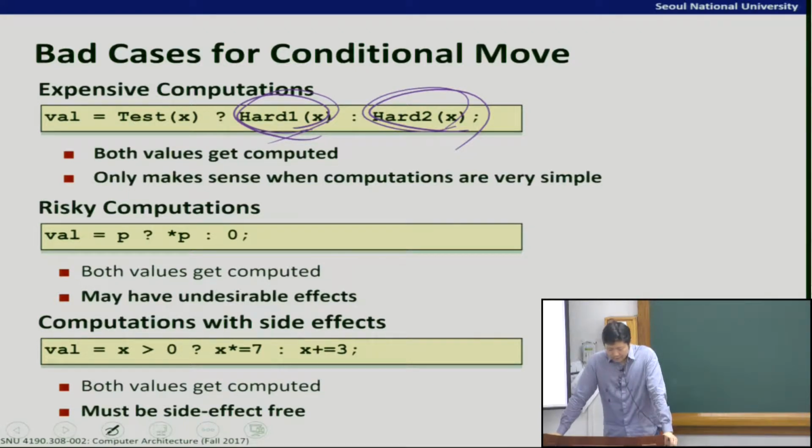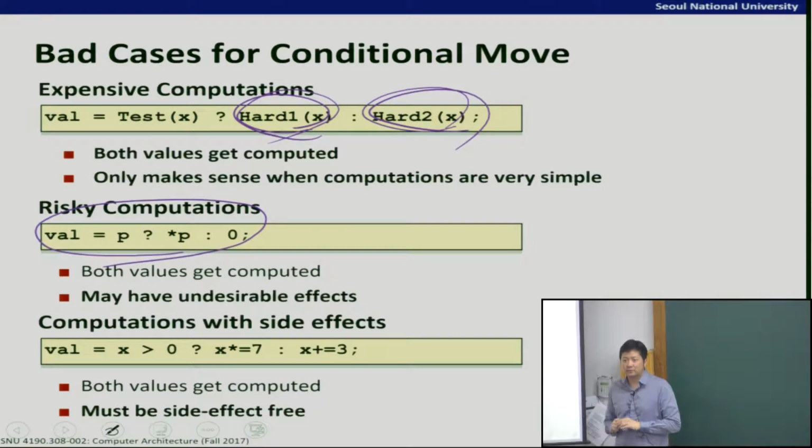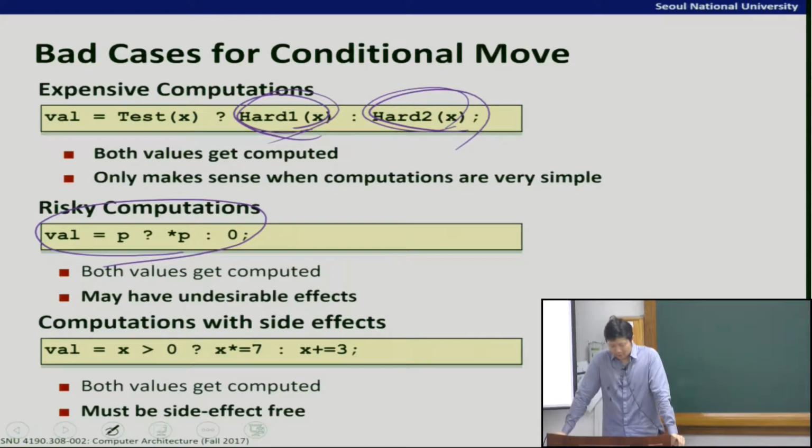The second bad case for conditional move is risky computation. What would be the problem with applying conditional move to the second case, like val equals p? If p is true, then it's star p. Otherwise, it's 0. What's the problem applying the conditional move to this program statement?